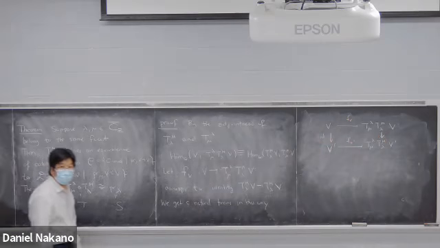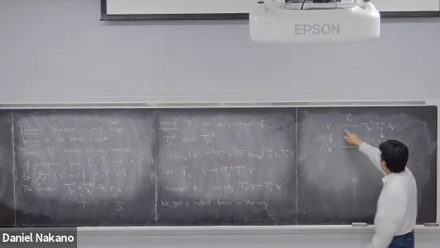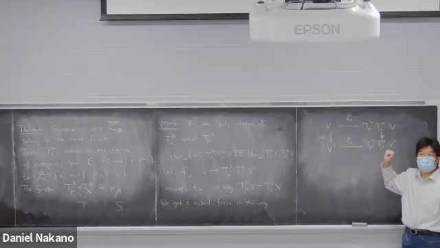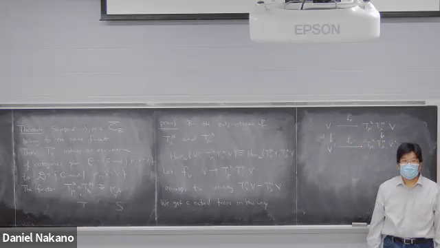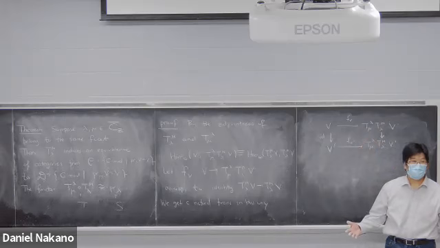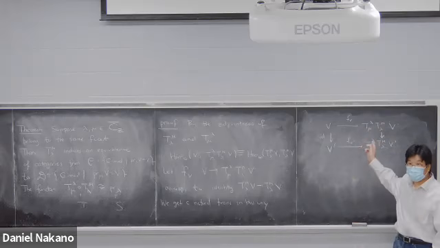So what do we have to do next? Well, we have to show that all of these horizontal arrows are equivalences or isomorphisms. How are we going to do that? We're just going to show the characters are the same, meaning the dimensions of the modules are the same.